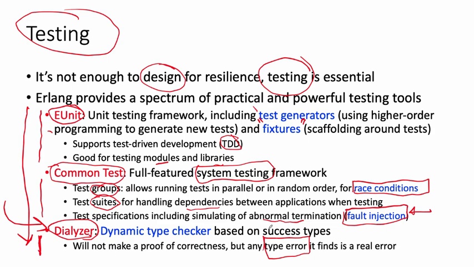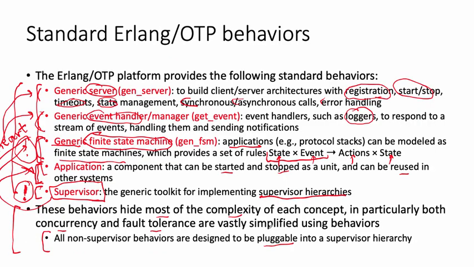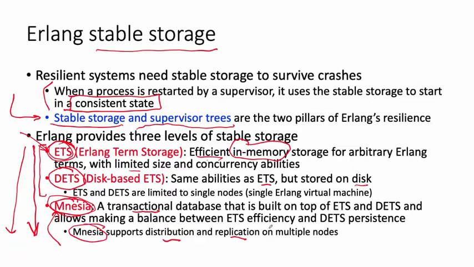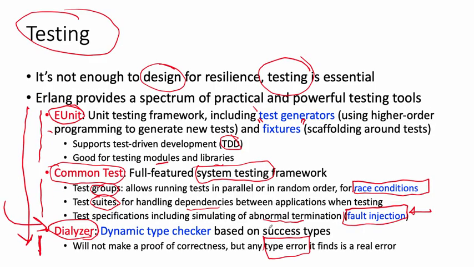Okay? So that gives you the basic idea now for Erlang. You have the behaviors, the generic behaviors, and the supervisors. You have the stable storage, which is the friend of supervisors. Together, they manage the fault tolerance. And then you have the testing, which is the friend of the design.